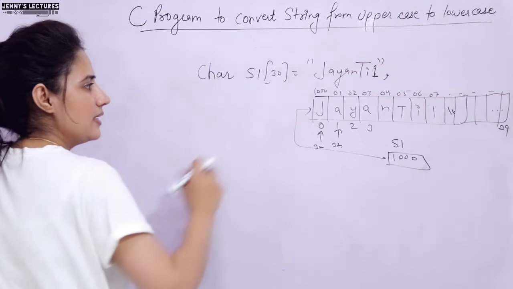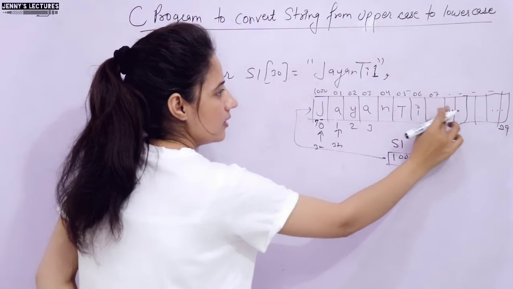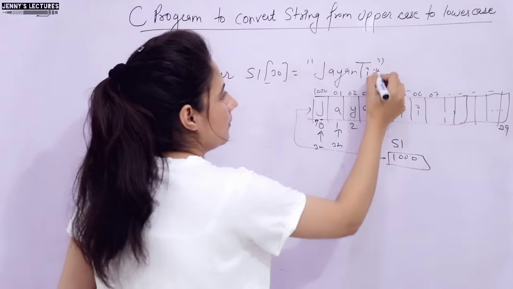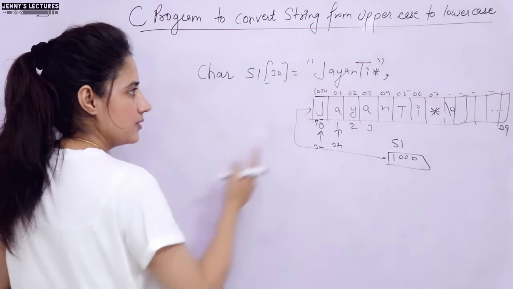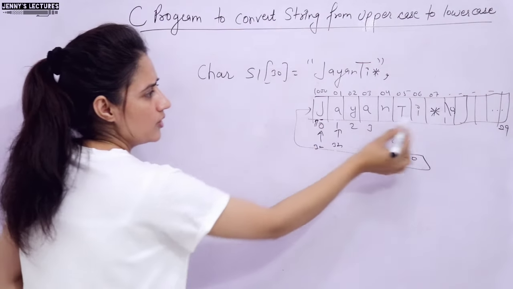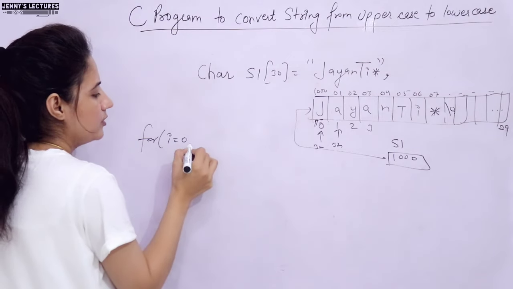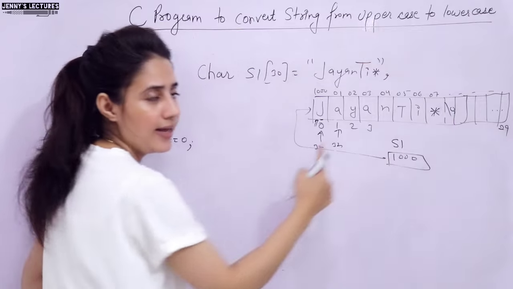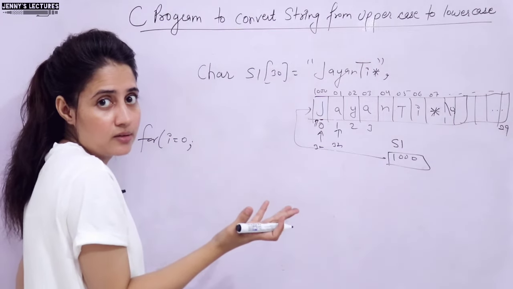See, obviously we will traverse one by one. We will see the characters from here till null. I am writing here star, right? This is our string. I am modifying this string. We are going to traverse obviously from this to this, so write a for loop. i would be 0 till the null character.